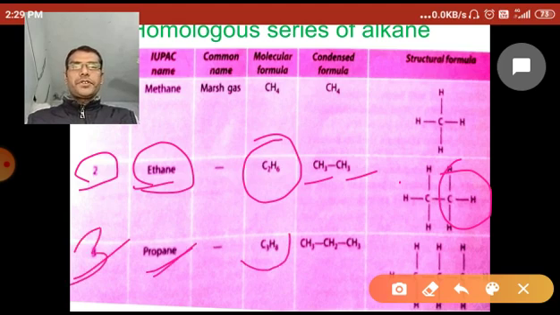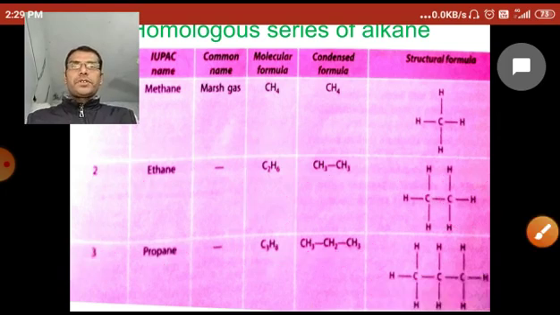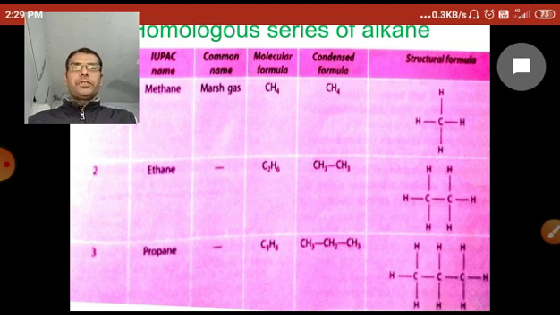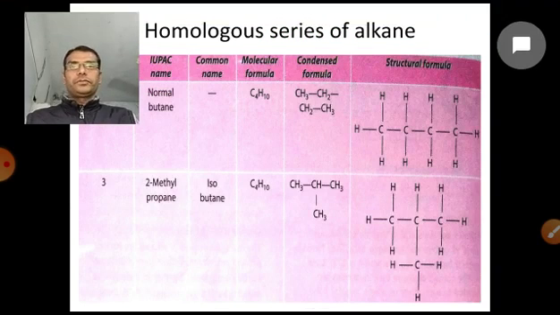Formula C3H8, condensed formula CH3CH2CH3, with 3 carbons and a total of 8 hydrogens, all combined by single covalent bonds.